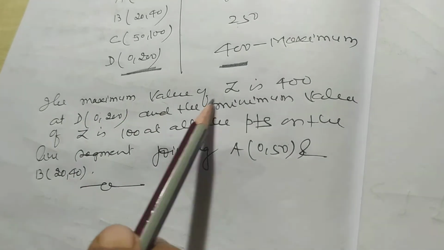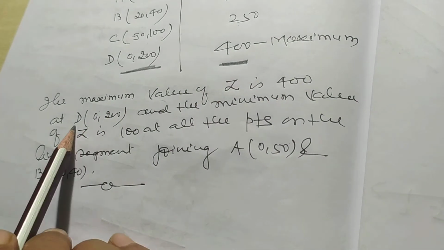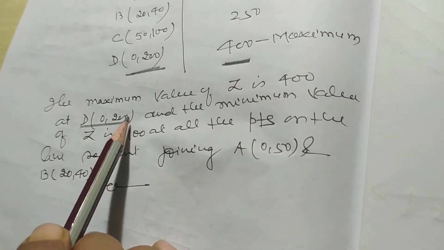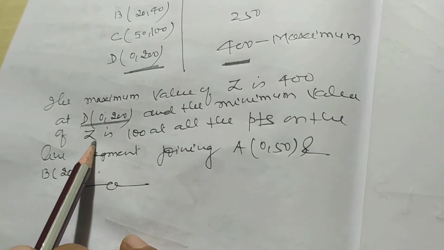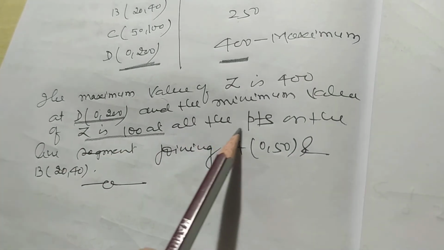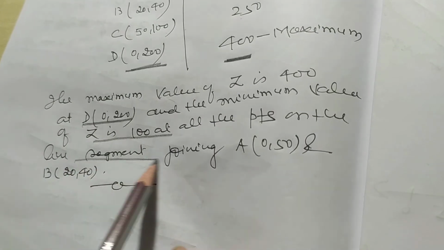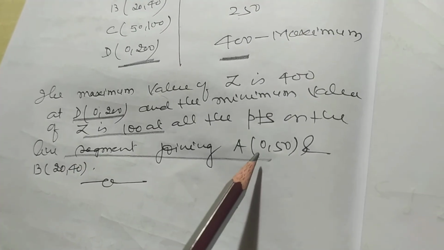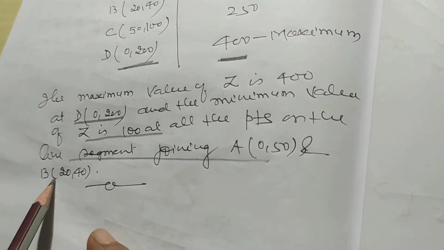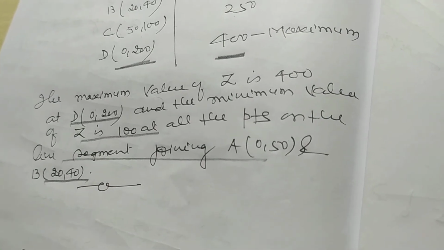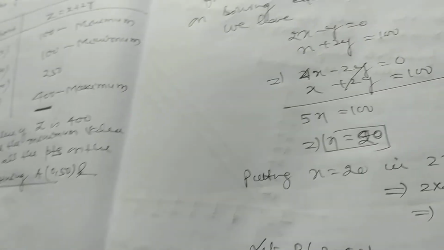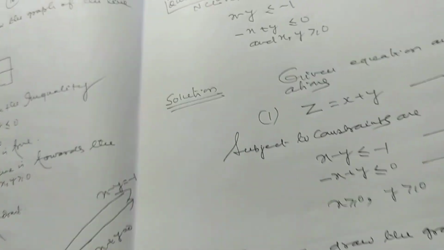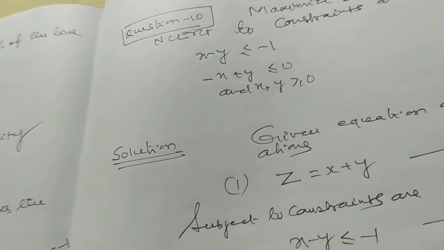So the maximum value of Z is 400 at D 0, 200, and the minimum value of Z is 100 at all points on the line segment joining A 0, 50 and B 20, 40. So my dear students, in this way we can solve this problem.